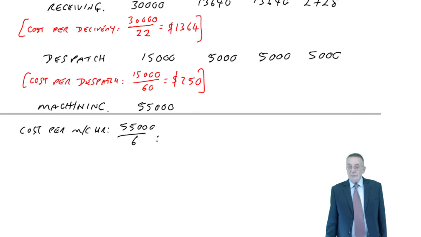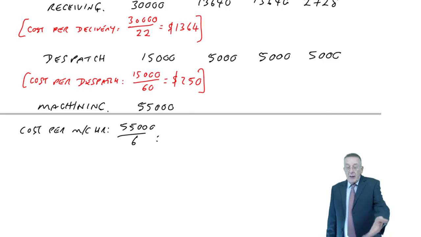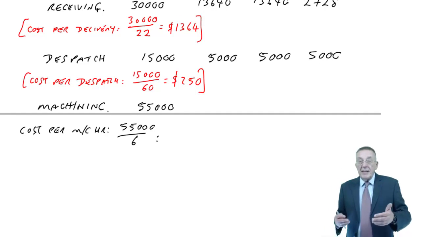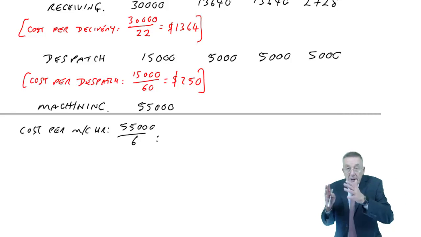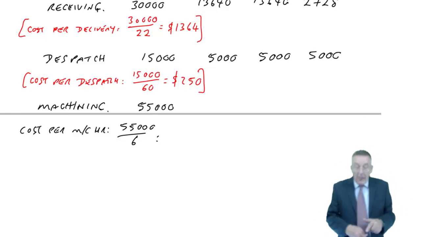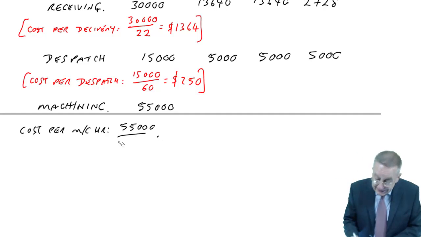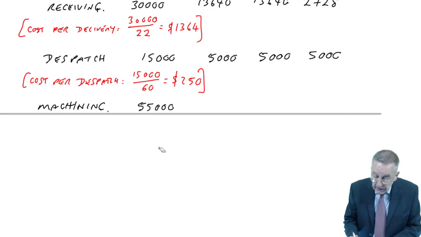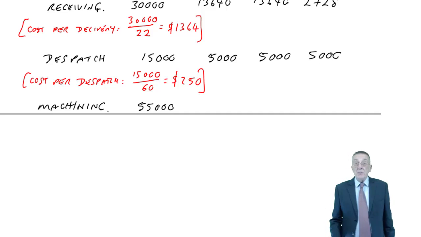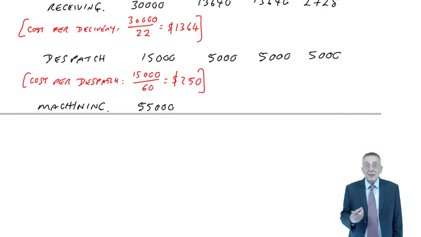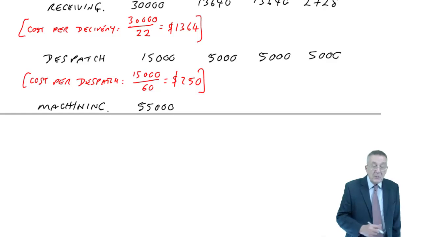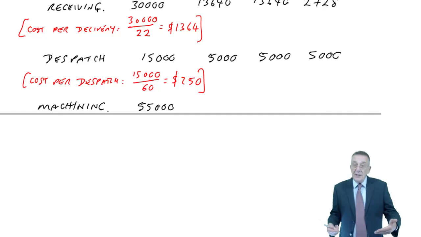Well, no. Don't forget with the previous ones, with dispatch, we did it on the total number of dispatches. Oh, the previous one, the total number of receipts. We are going to do it on machine hours. But we're going to have to do it based on the total number of machine hours for each product, not the machine hours just for one unit.